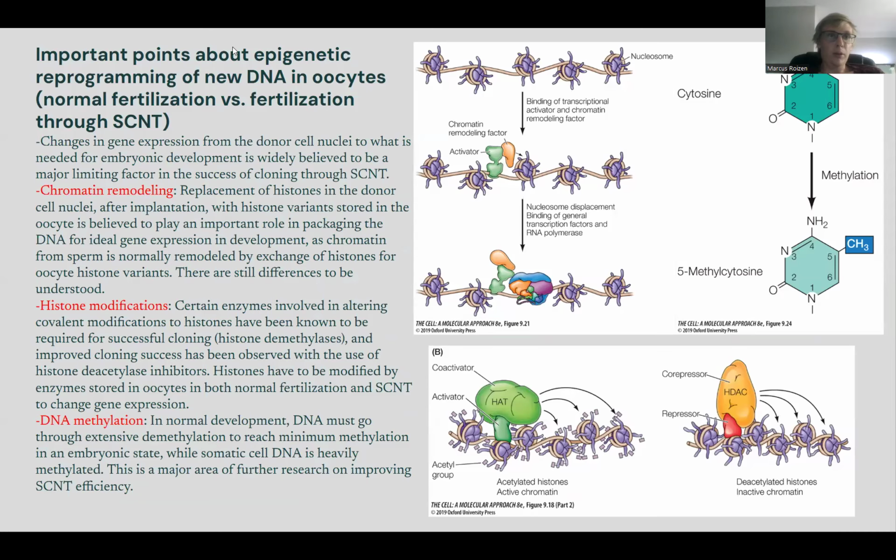And here are some important points about that epigenetic reprogramming. After the adult somatic cell nuclei is implanted into the enucleated egg cell, the egg cell that's had its nucleus removed, the histones that package the chromatin in that nucleus are replaced with histone variants that are stored in the egg cell and imported into the nucleus.